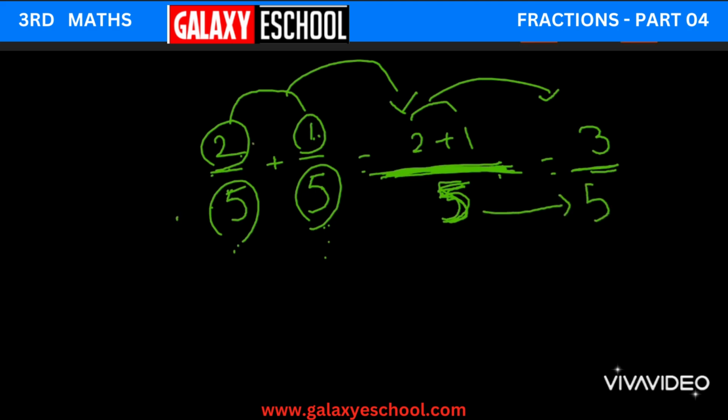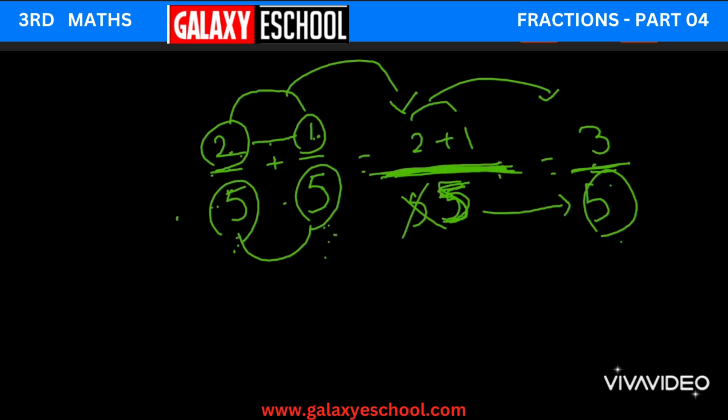Adding like fractions is very easy, children. You just have to add the numerators together. That is 2 plus 1 becomes 3 divided by our denominator, which is 5. The denominator will be 5 but not 55, children. Not 5 plus 5. Don't do such things.